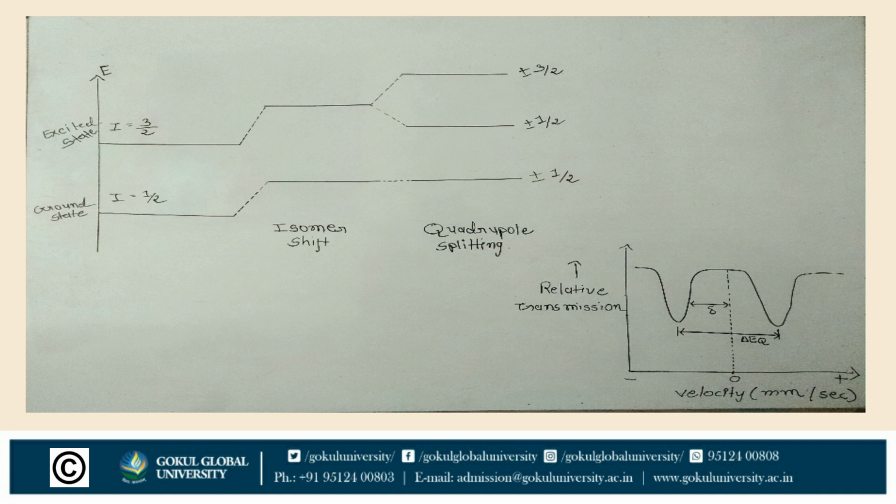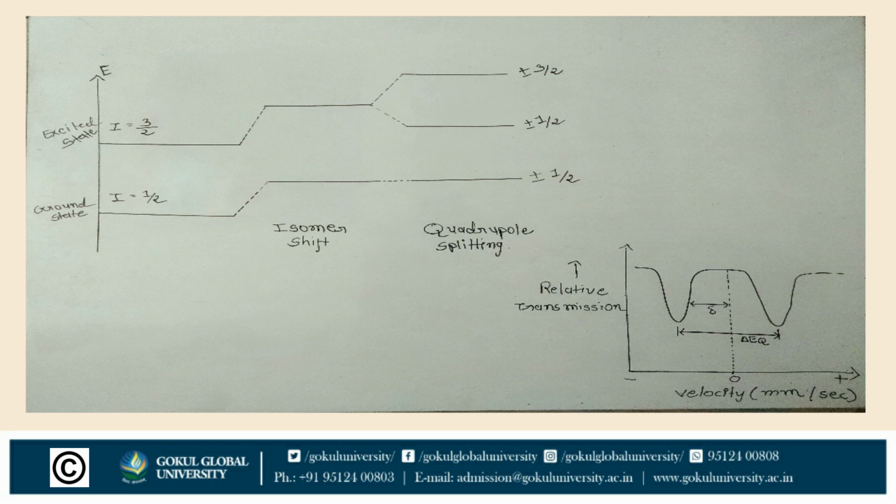These are two states and due to the isomer shift, these are shifted to somewhat different energy from the original position. And this is the original position and they are shifted to different energy levels. But they are not split in the case of isomer shift.